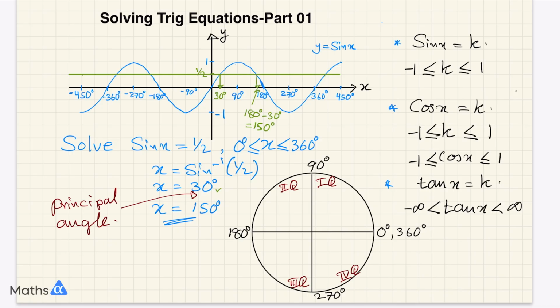We're going to use that principal angle to do this. What I'm going to do is draw two cross lines through the origin like this. Right?